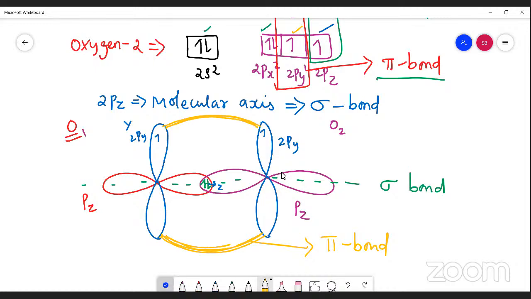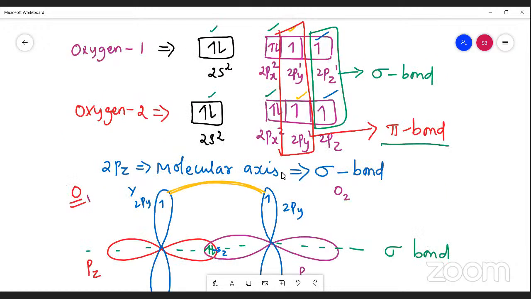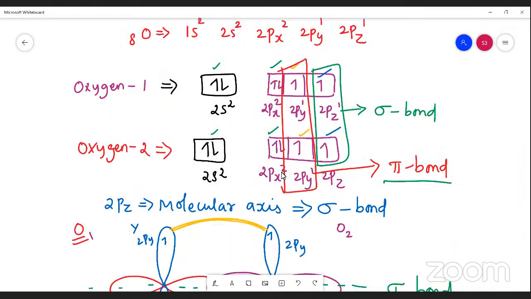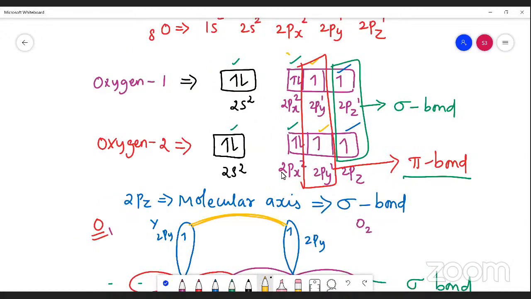And one more thing, when you look at the remaining orbitals, the 2px contains 2 electrons and the 2s contains 2 electrons. These 4 electrons are considered a lone pair of electrons present on the oxygen.